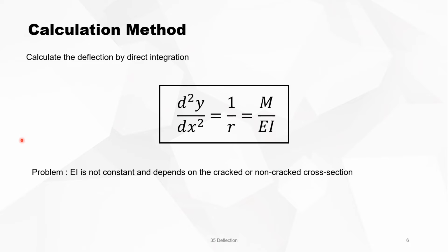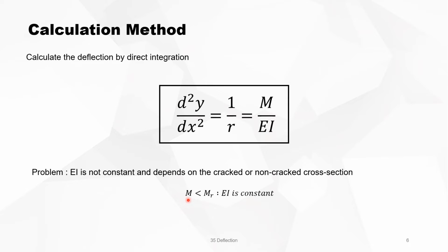But now we have a problem, because EI is not constant. It is certainly not constant over the whole length of the beam, because EI varies according to the section, if it's cracked or non-cracked. So this poses a problem for the direct integration.